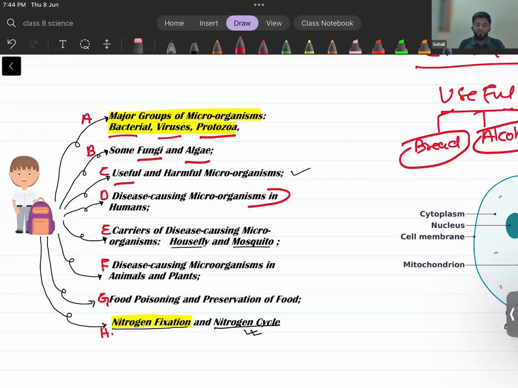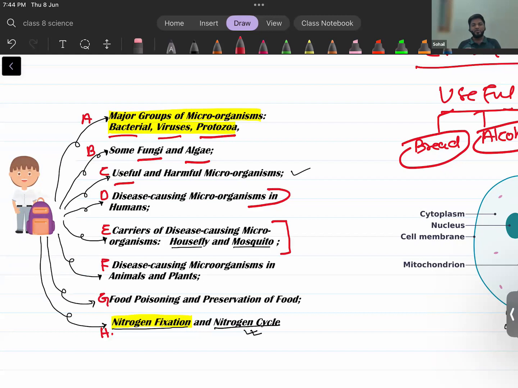And what are the carriers of these disease causing microorganisms? Like if a fly sits on your food, or if you get bitten by a mosquito, it's highly likely that you will catch some disease. So they are the carriers of microorganisms. We will discuss that also.